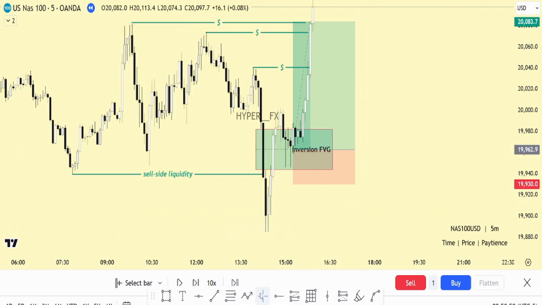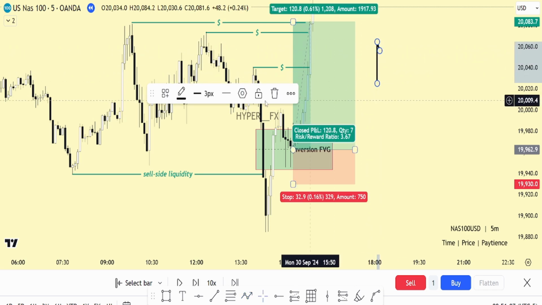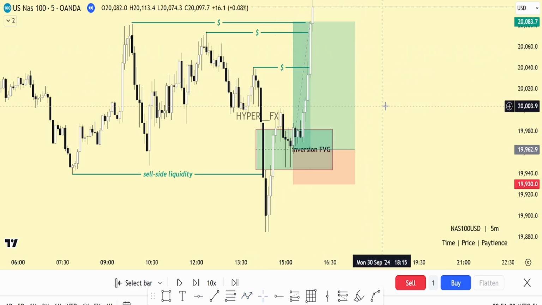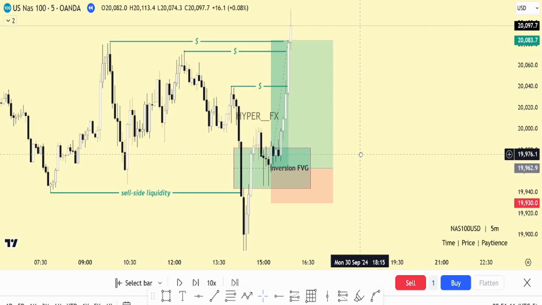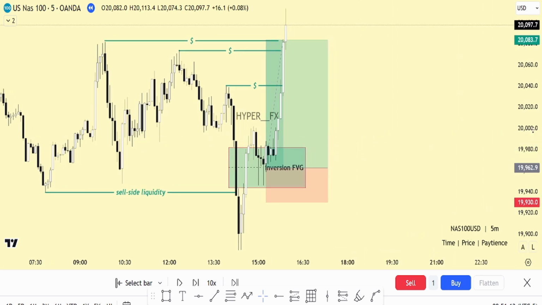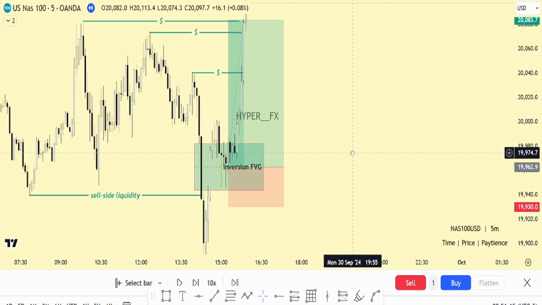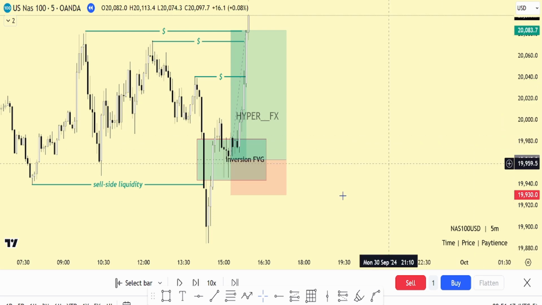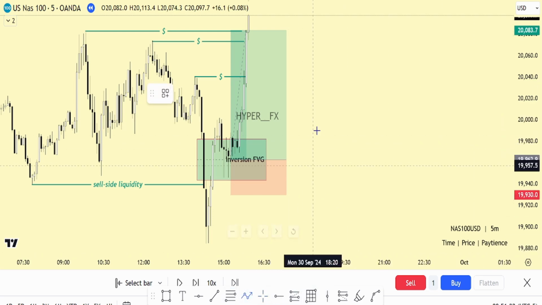I want you to have a skeleton of what a relative equal high or a relative equal low is. So before I call it a day, I want to quickly draw it out again for you to see what a relative equal low and a relative equal high looks like.